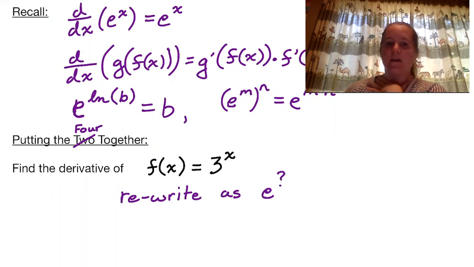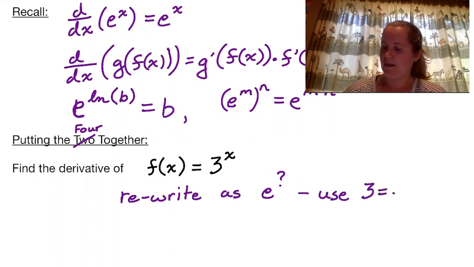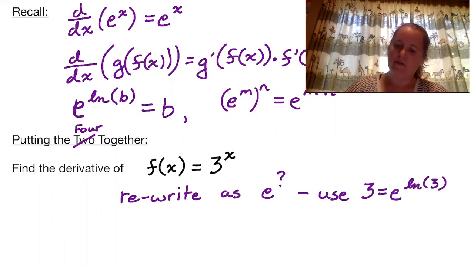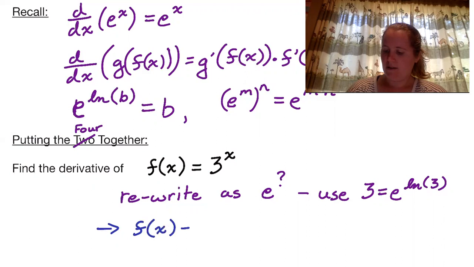So we're going to use that e to the natural log of b equals b. We're going to use the fact that 3 is the same thing as e to the natural log of 3. So if we use this fact, then we have f of x is equal to e raised to the natural log of 3, that whole thing raised to the x.